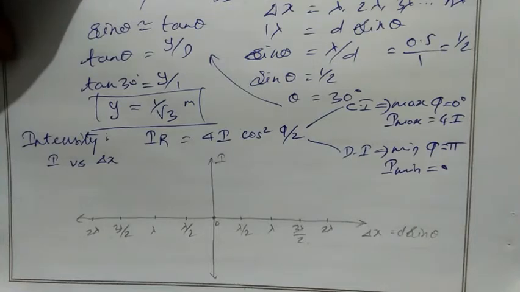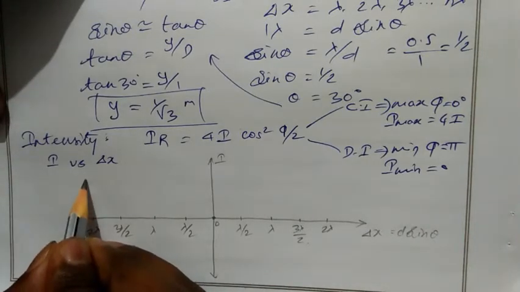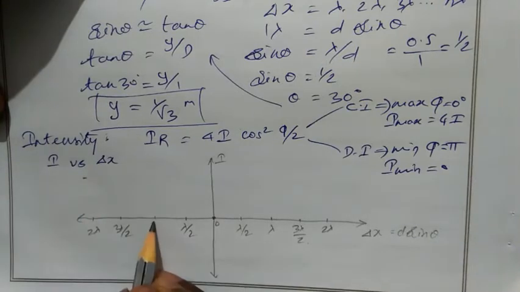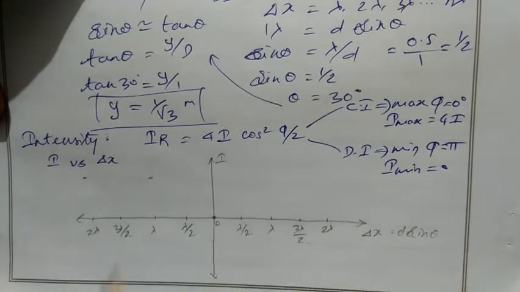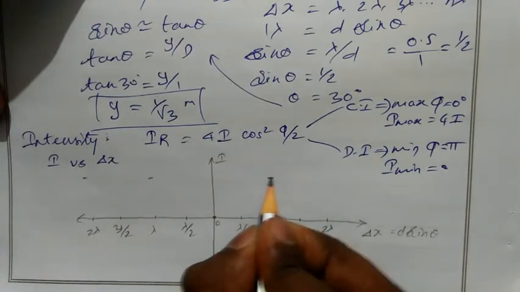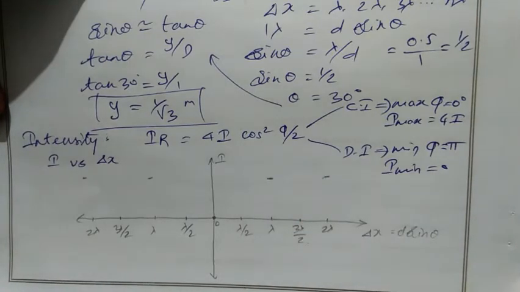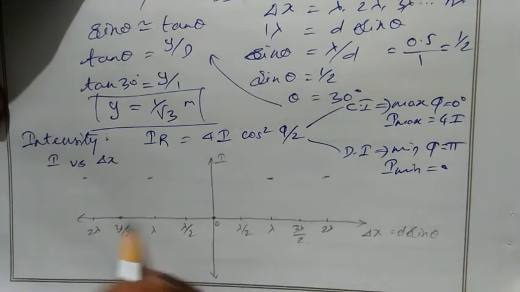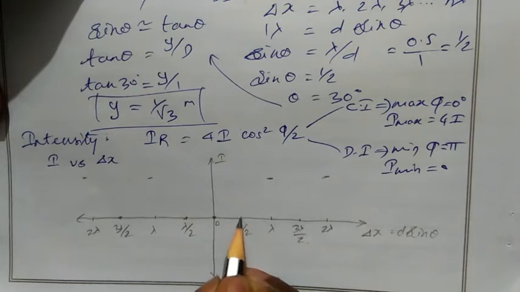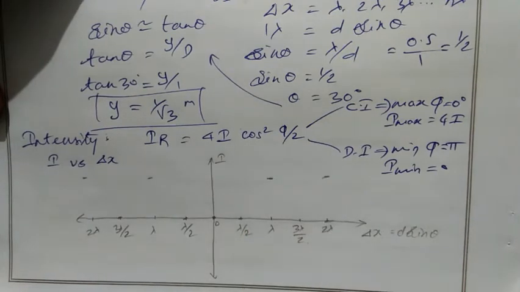For bright fringe we have elevated, for dark fringe we have trough. So for 2 lambda bright fringe we have maximum value. Then for lambda bright fringe we have maximum value. Then for dark fringe we have minimum, here also minimum, then here minimum and here minimum.